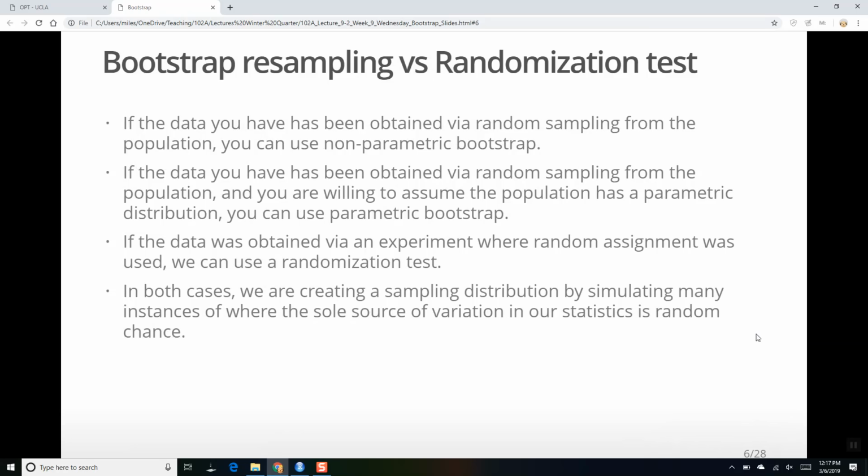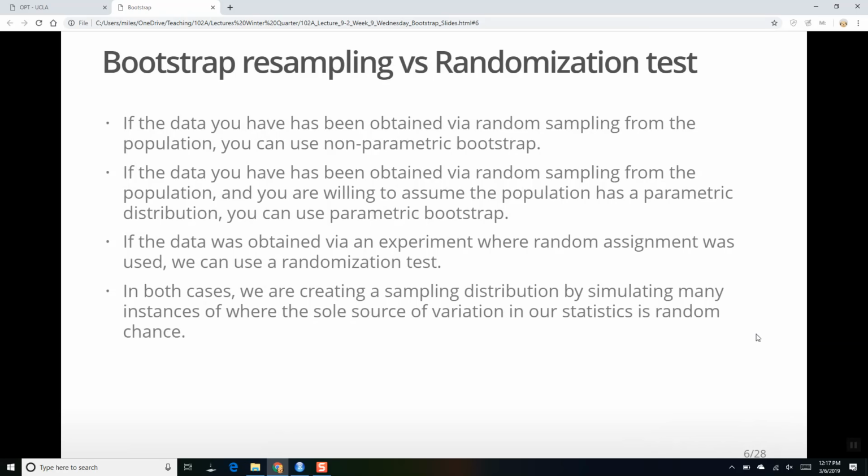If the data you have came from random sampling from the population, then you can use nonparametric bootstrap. It's a little bit of a dangerous assumption, but you're going to say, because I got my sample via random sampling, I have to at least hope that it's representative of the population. So I'm going to go ahead and do bootstrap.